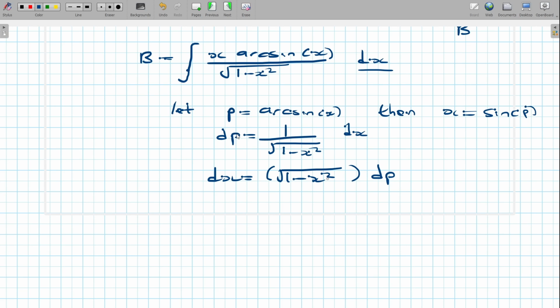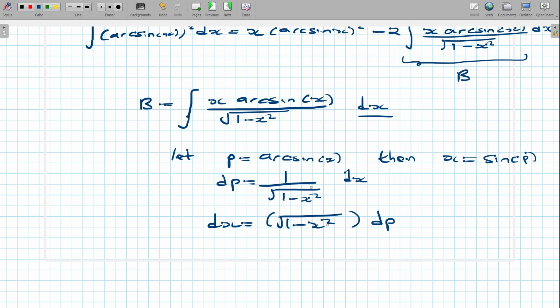But we're going to leave all that. We have everything we need to simplify this expression here. So if we now change, we're going to have that this integral, and x is equal to sine p.